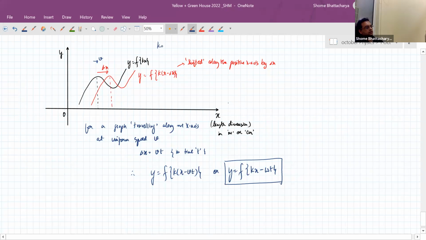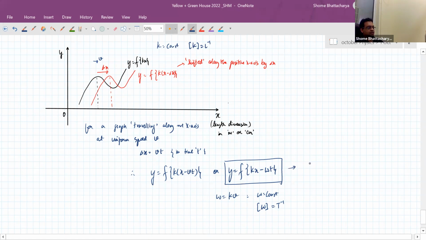So here k was a constant which had dimension of length inverse. So here omega is equal to k into v. So omega is a constant which has dimension of time inverse, because v is of course having dimension of velocity. So k into v will have dimension of time inverse.